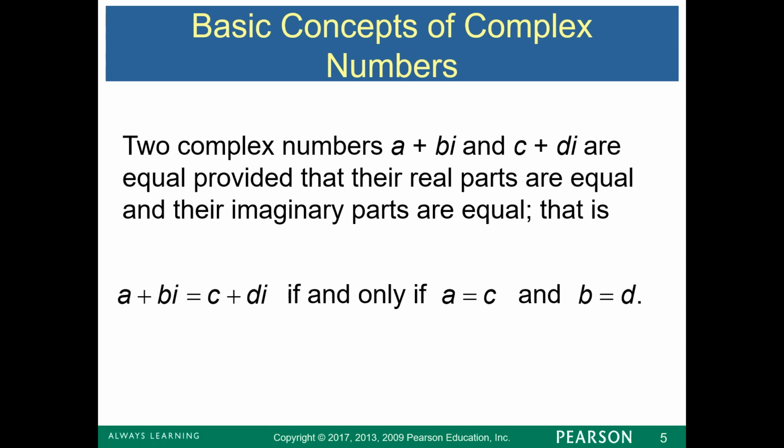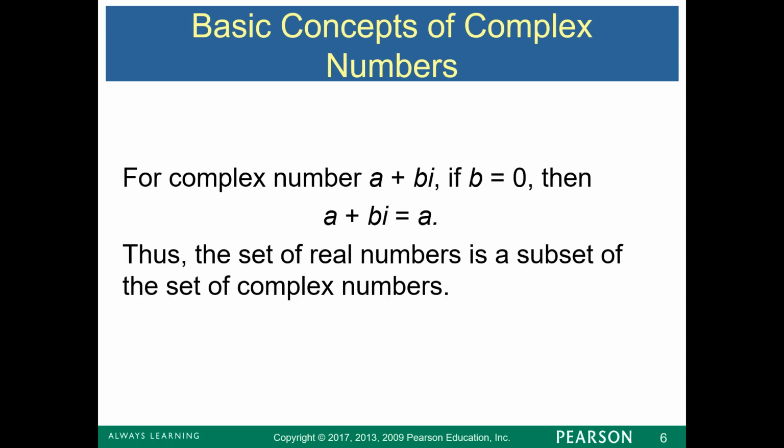So that means A plus BI equals C plus DI if and only if A equals C and B equals D. That makes sense, guys? Okay.